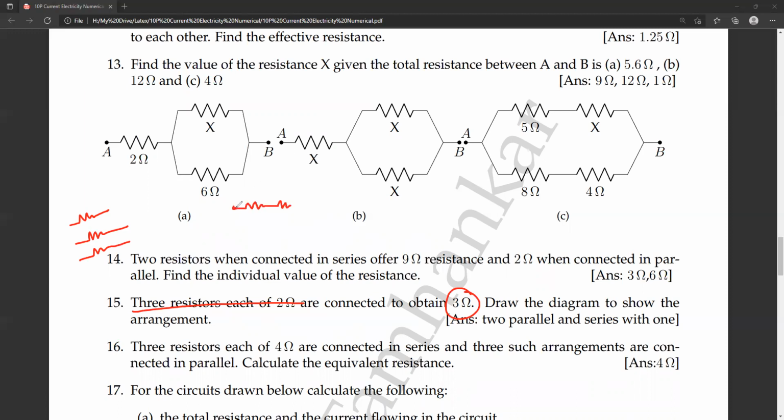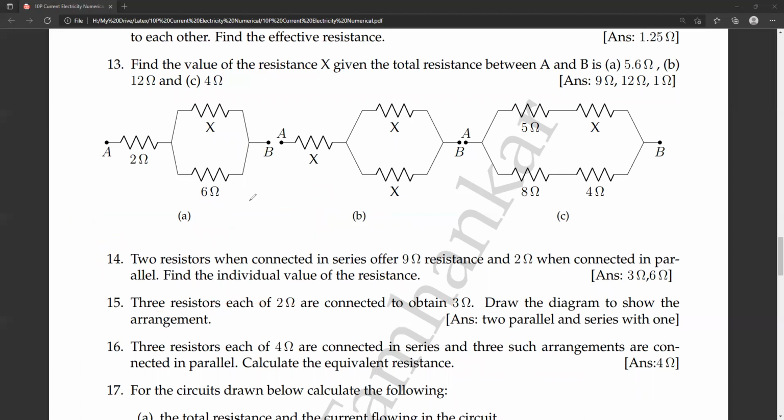If you connect all of them in series, let me show you here. You get 2, 2, and 2. So 2 plus 2 plus 2, you will get 6.